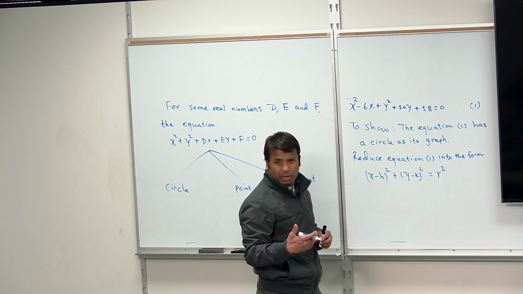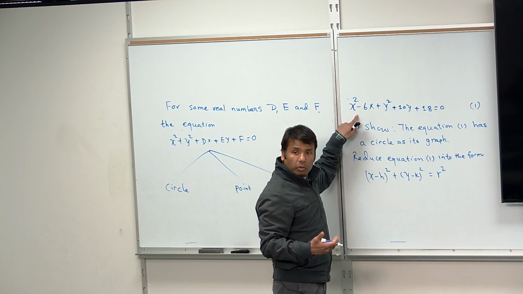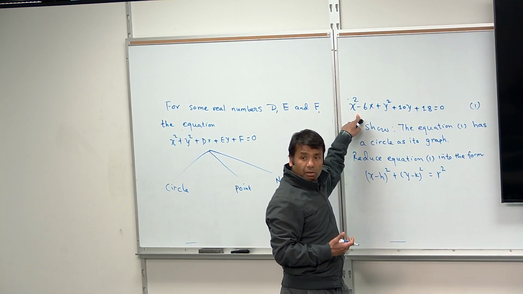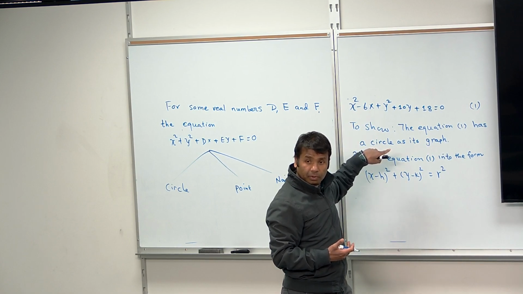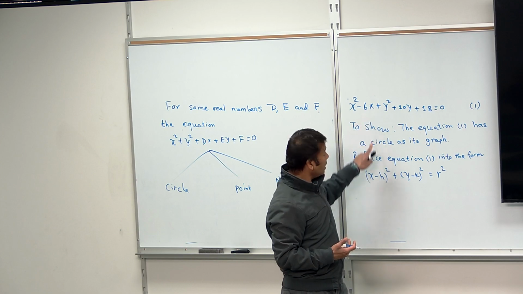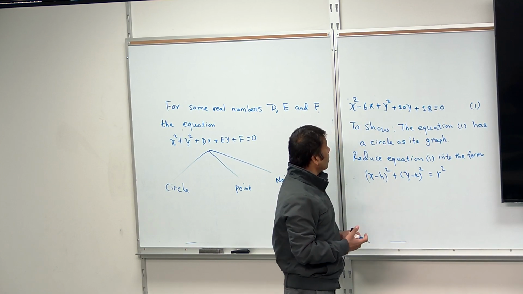You know what we are going to do, right? We have to show this equation has a circle as its graph. So you have to reduce this equation into this form. That makes sense? So how do you reduce that?